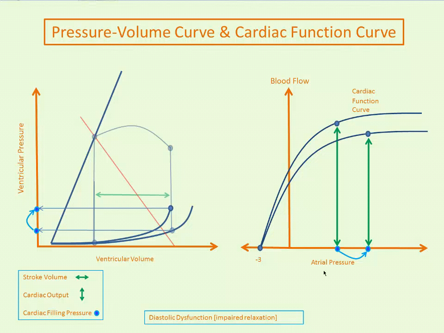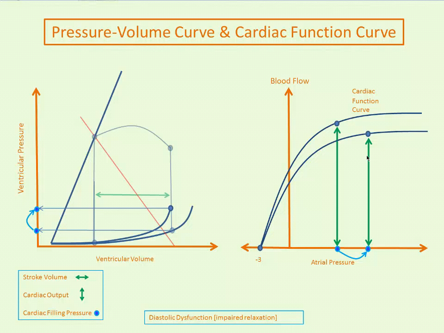So bad diastolic dysfunction itself can also shift the cardiac response curve down and to the right. And you can really make the same argument for valvulopathy as well. Mitral regurg would have a similar physiologic effect. And you can make the same argument for arrhythmias as well. If you had rapid atrial fibrillation, you're going to have less blood flow for any given filling pressure. So that would shift the curve down and to the right.